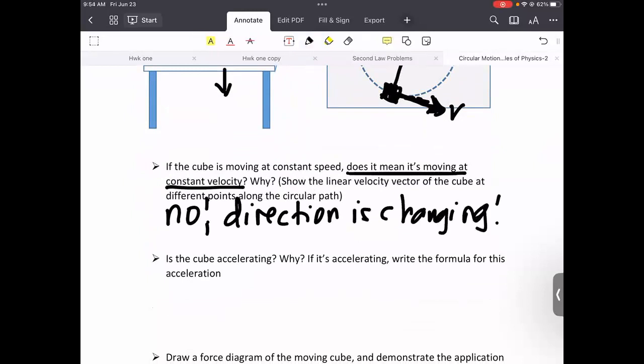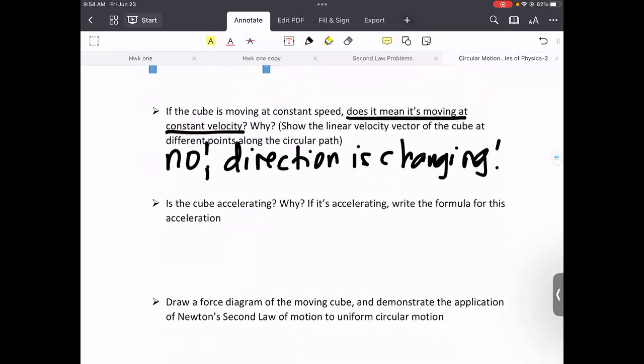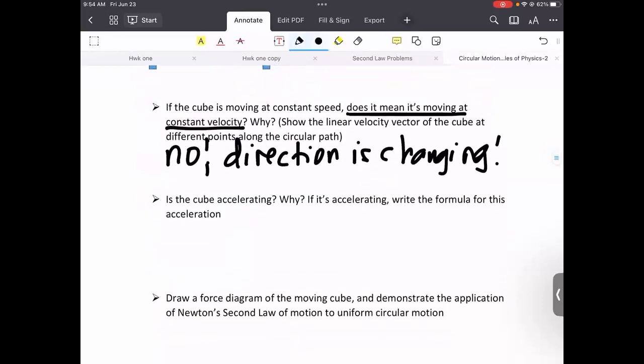All right. Is the cube accelerating? Well, you might think, oh, maybe because the speed is constant, it's not accelerating. But wait a minute, we need to remember the definition of acceleration.